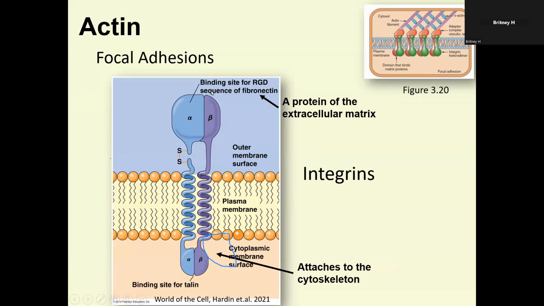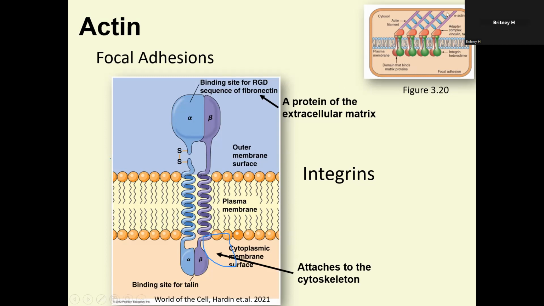On the outside of the cell, they've got this binding site for fibronectin. Again, I think also collagen, but I could be wrong about that. But basically, extracellular matrix proteins they're binding to. And then they pass through the membrane. And now on the inside, they've got a binding site for intracellular proteins that are going to connect it to the cytoskeleton.